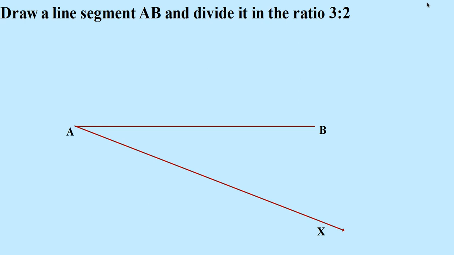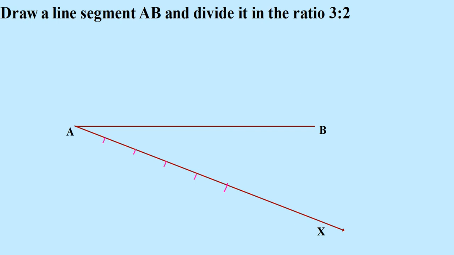So the next step is to locate 5 equal points on AX. For that, with the help of compass, divide AX, take 5 points on AX: 1, 2, 3, 4 and 5.